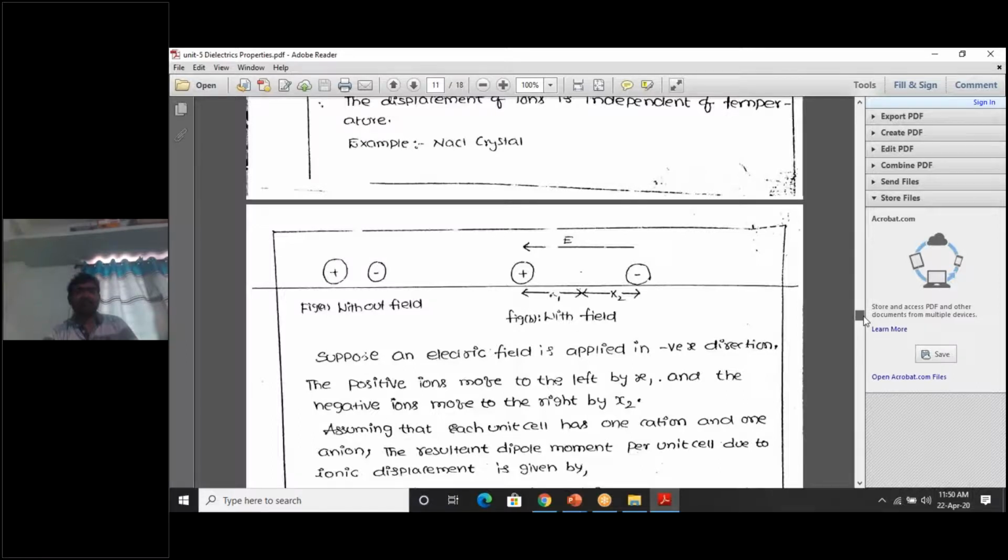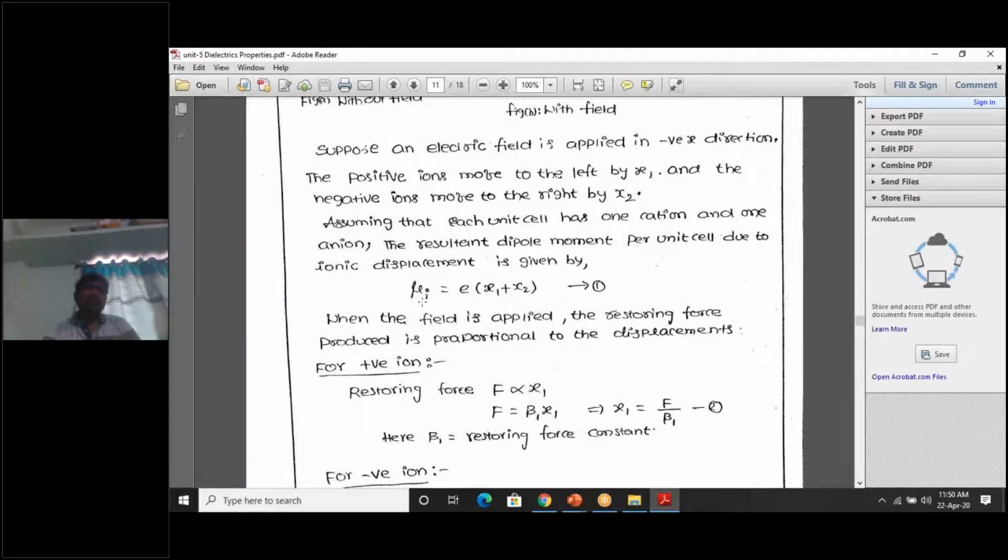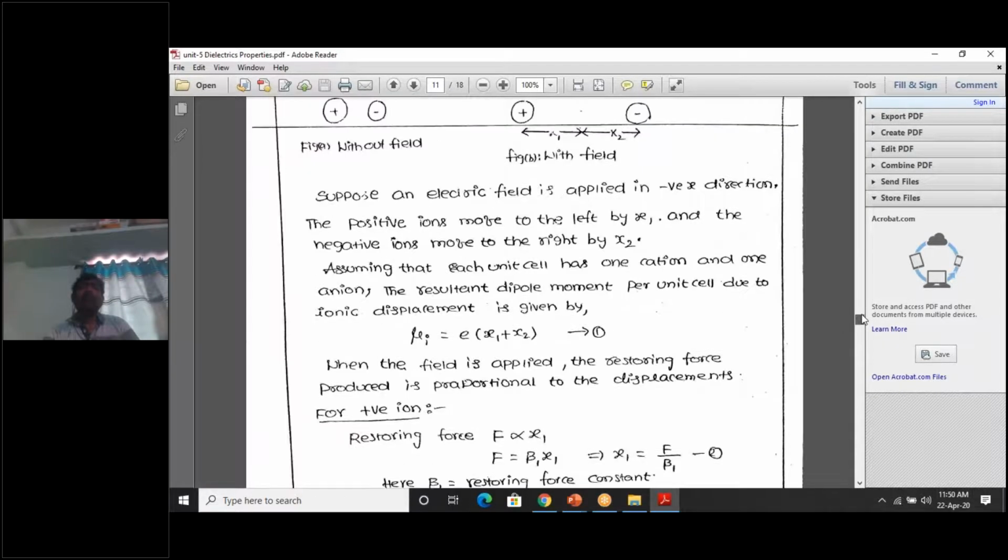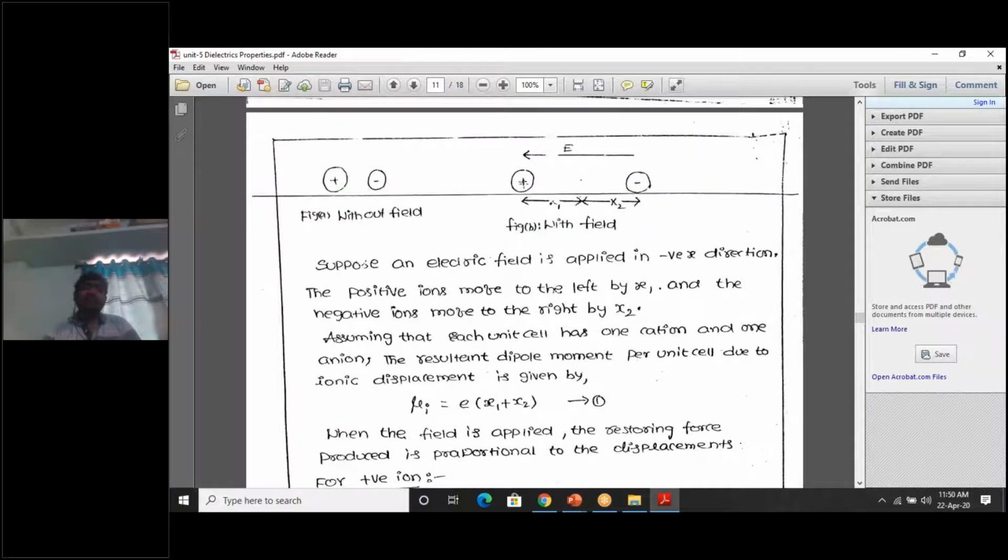It's a small derivation. What is the formula for dipole moment? Dipole moment is the product of charge and distance of separation. The magnitude of the charge is E, plus E and minus E. Either you take the positive charge or the negative charge, the magnitude is E, into the distance of separation between the two charges.